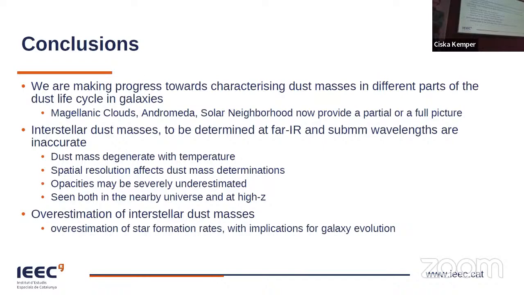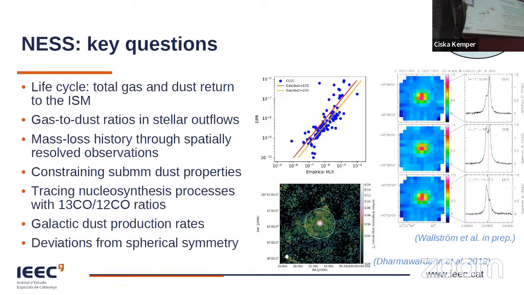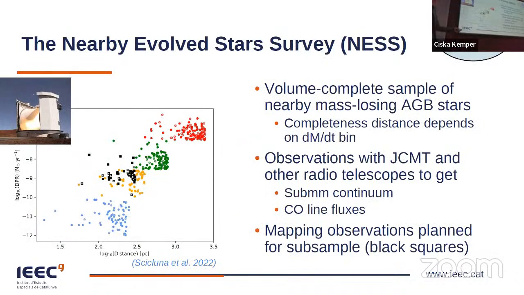With the energy distances, one thing I did not understand when you showed the different colors was the dust production rate. This one? Yes, this one. Okay. So we determined the dust production rate, because the sample has been selected based on infrared observations.